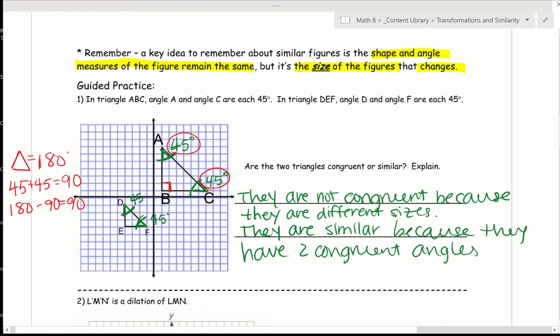This angle must be 90 degrees, and so this angle must also be 90 degrees. So since you have two congruent angles, you will automatically have all angles congruent as well, because the third one has to add up to 180.